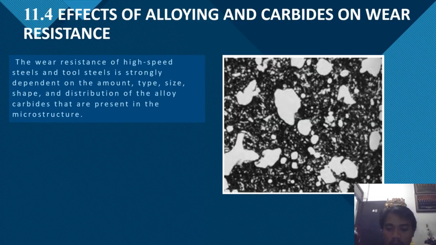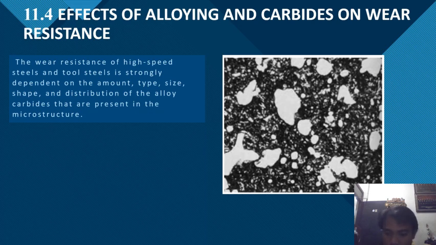And the effect of alloying and carbides on wear resistance. The wear resistance of high-speed steel and tool steel is strongly dependent on the amount, type, size, shape, and distribution of the alloy carbides that are present in the microstructure. The function that these carbides serve can be understood through the use of an analogy.